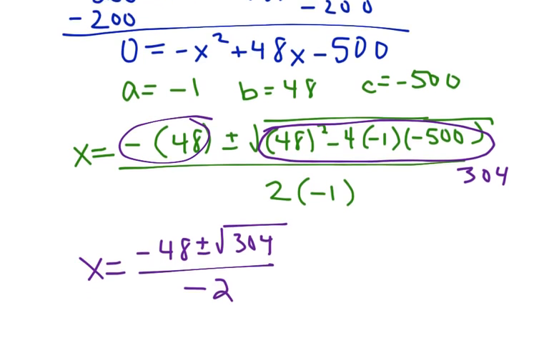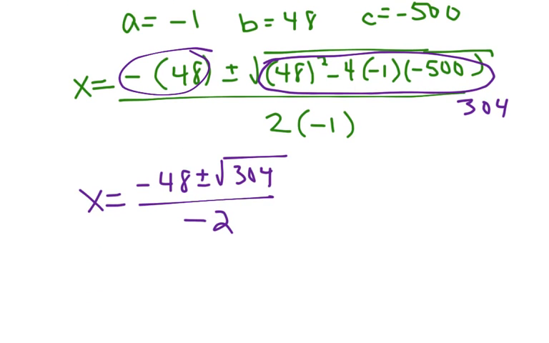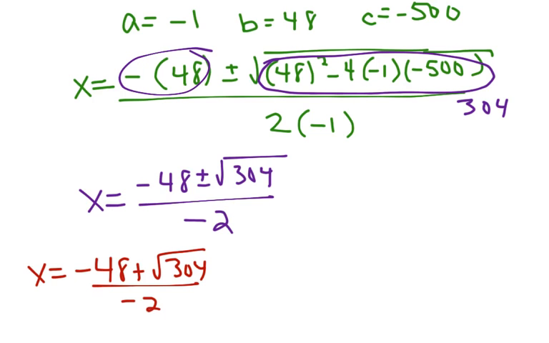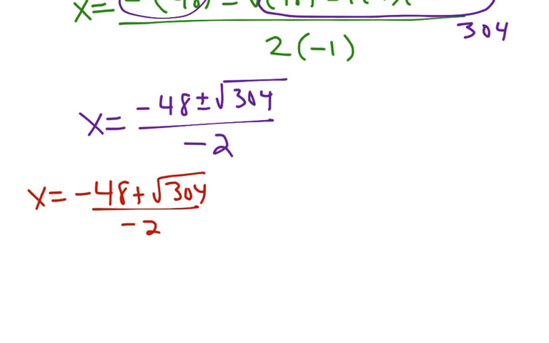Remember that the plus or minus sign means that there are two solutions. One of the solutions is x equals -48 plus the square root of 304 over -2. And the other one is x equals -48 minus the square root of 304 over -2.